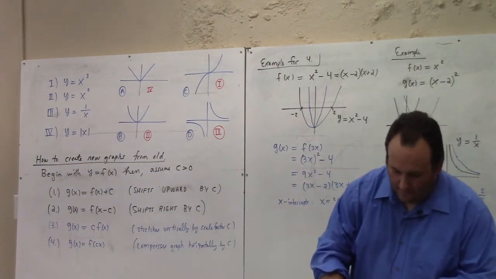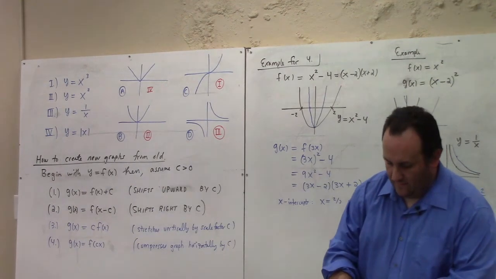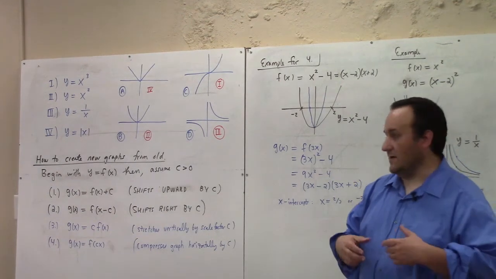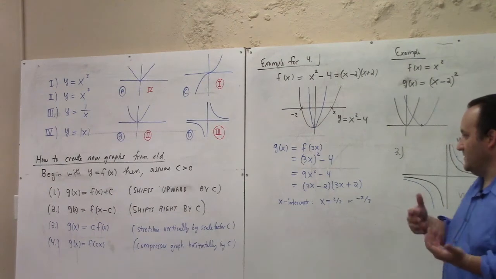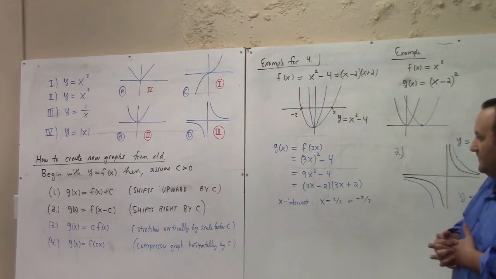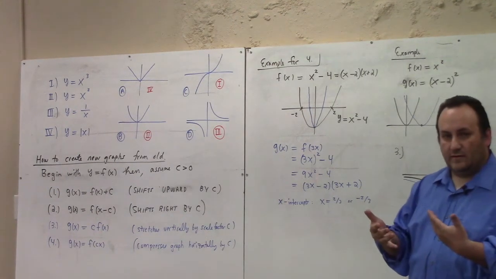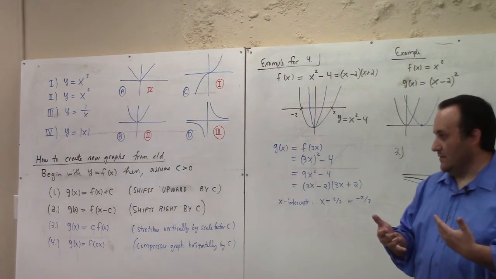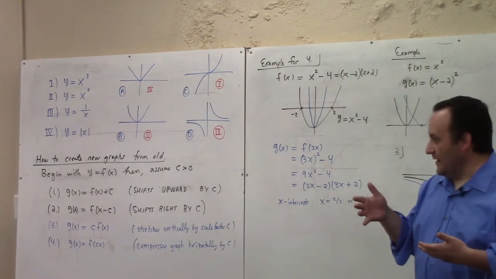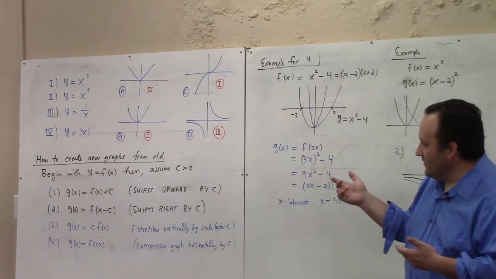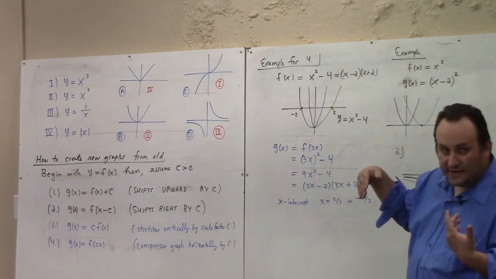So the point is, we have these different operations we can do on the graph. There's a couple more, right? What else can we do? We could think about a special case. First of all, you can think about what happens when c is negative, right?